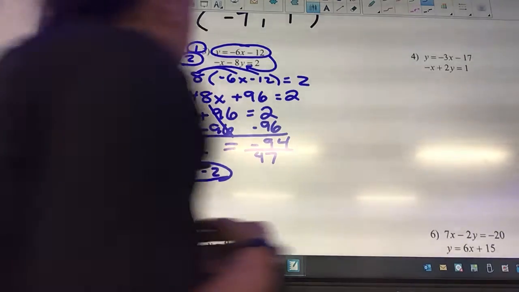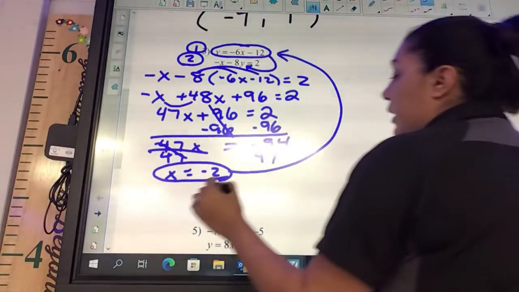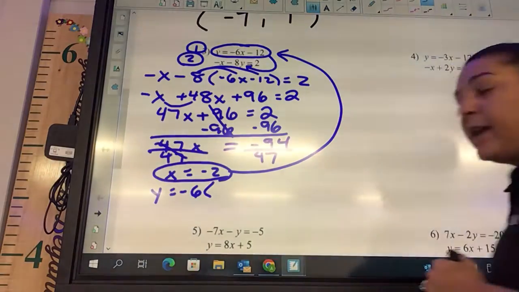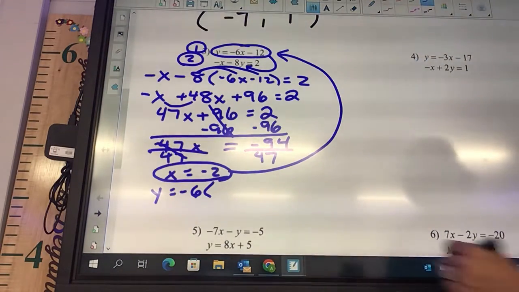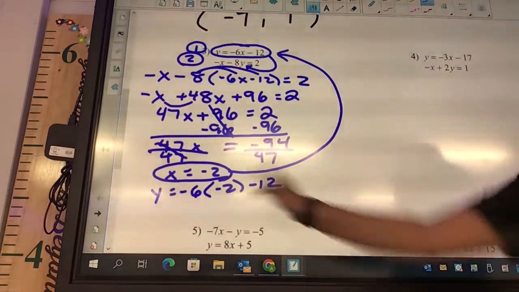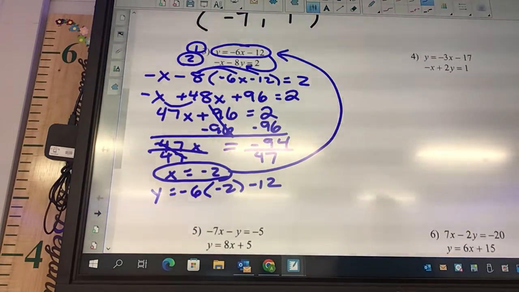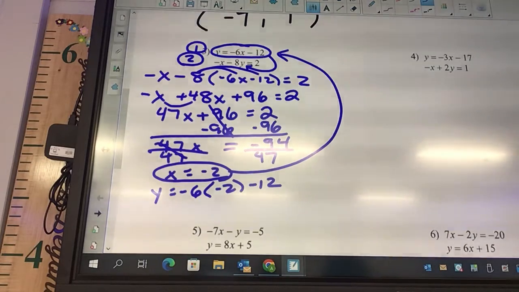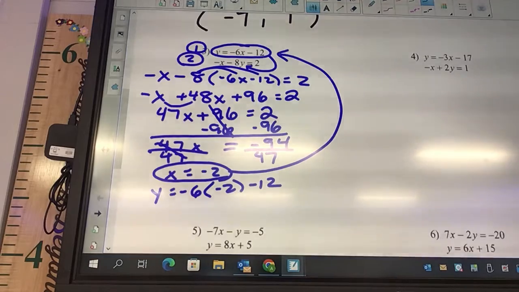Yeah, to the one we got circled up here into the y equation. Okay, so it's going to be y equals negative 6. And what am I putting for my x? Negative 2 minus 12. This whole thing you can type in on the calculator. Type in negative 6, parentheses, negative 2, close the parentheses, and say minus 12.